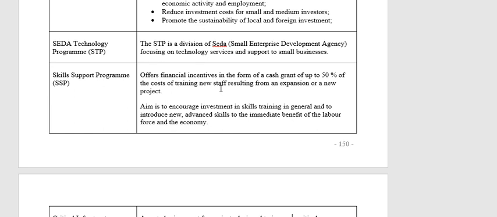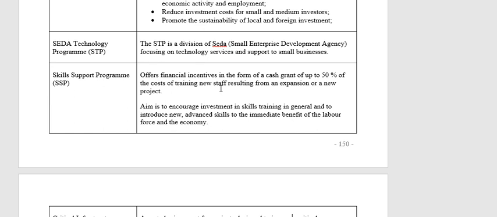If a new business is being established and has to hire new staff, this new staff might have to be trained. And training obviously is expensive, which increases the production costs of these businesses, which makes them less competitive.